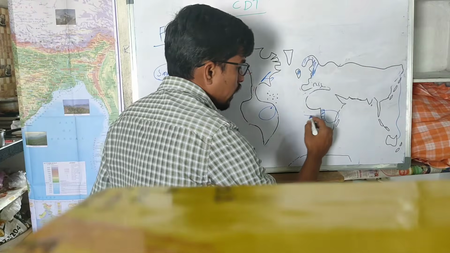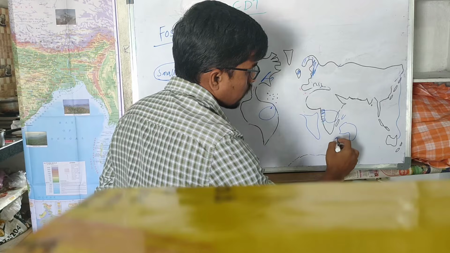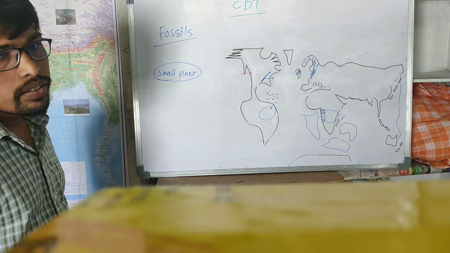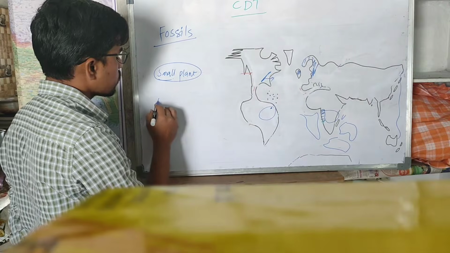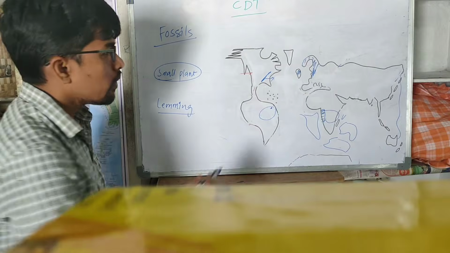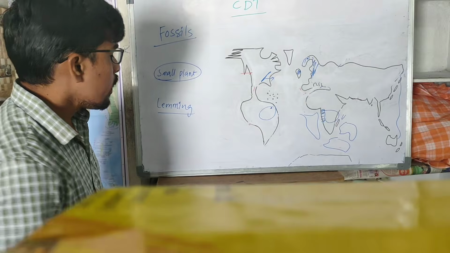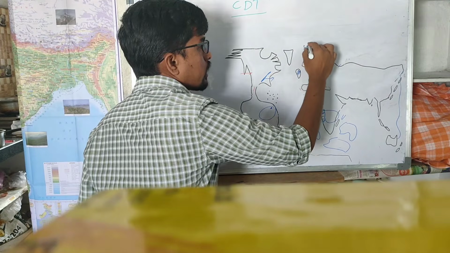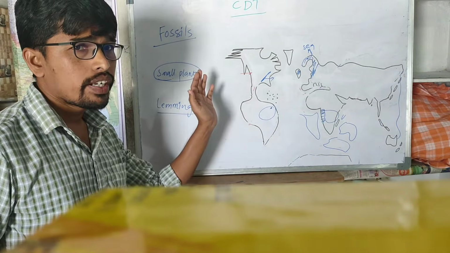Because why? Because they were united during the time of the glaciation. They were once united. And here is another one: a small animal, the lemming. It is present in the Norwegian region. Even today they want to jump into the sea, because they want to migrate towards the westward direction.